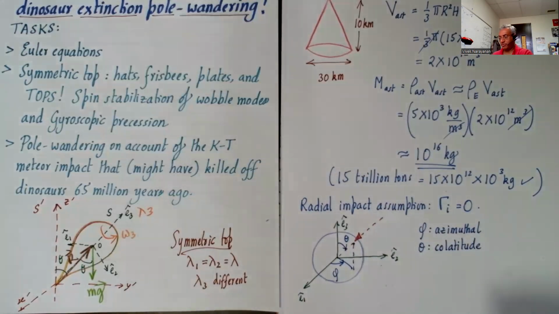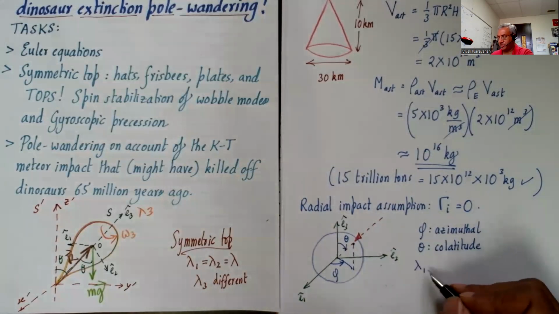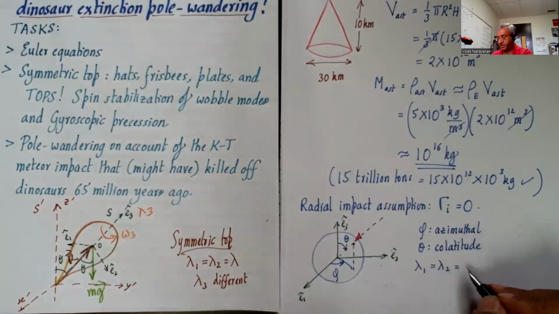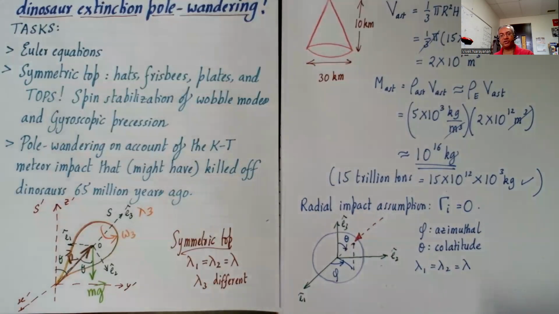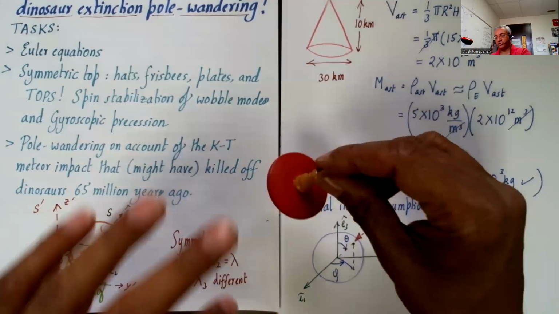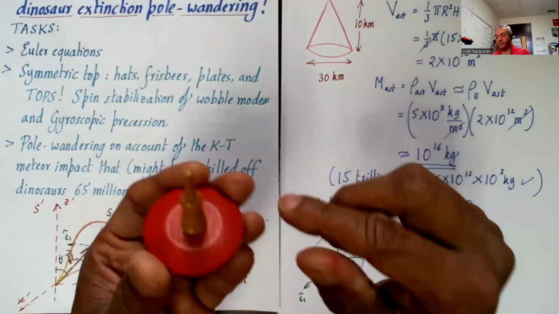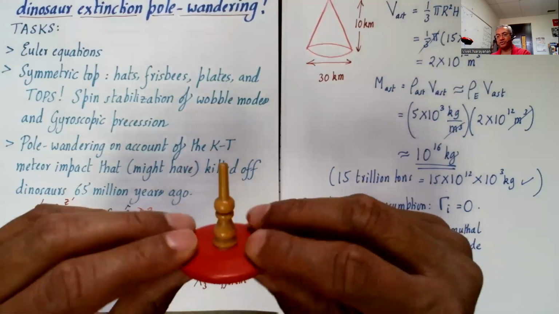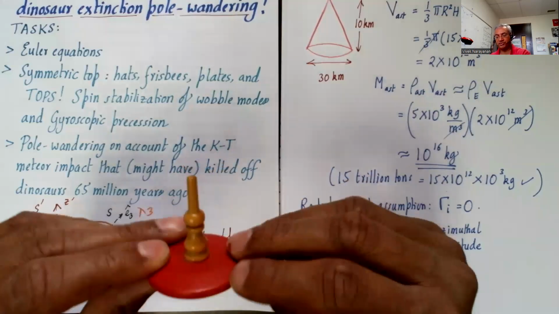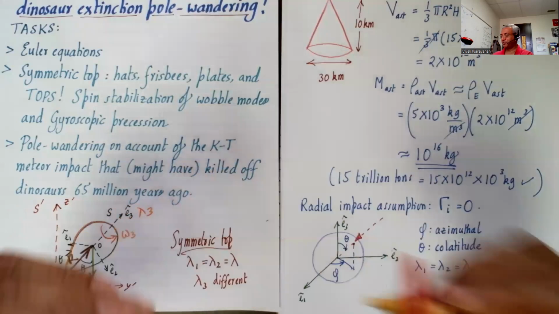Okay, we also are going to make the assumption that the Earth is a symmetric top, which is actually a good assumption. If you didn't know, the Earth is what's called an oblate spheroid. An oblate spheroid is pretty much an object like this. It is squashed so that the principal axes I1 and I2 are equal, first of all, and are bigger than I3.